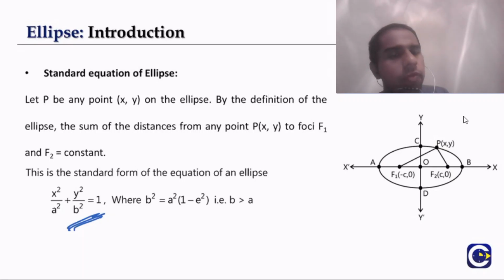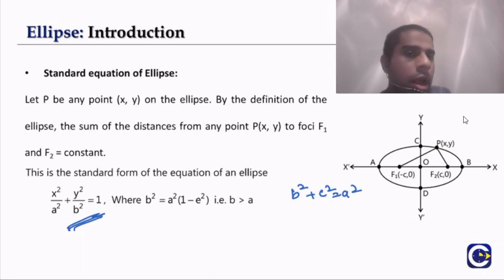So when we were solving the equation, we had an identity like this, right? B square plus c square is equal to a square. How did we get it? Because we use two formulas for eccentricity, right?